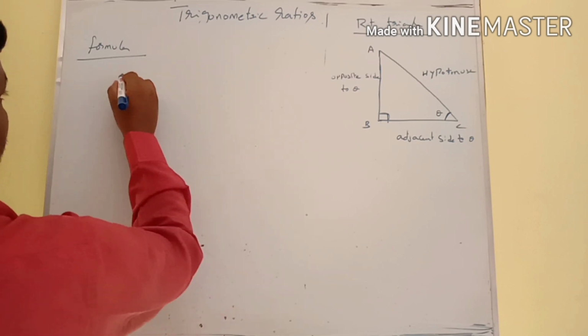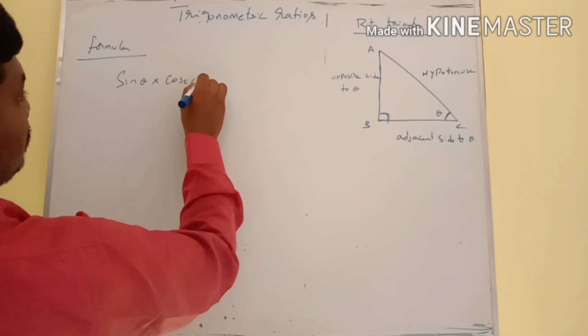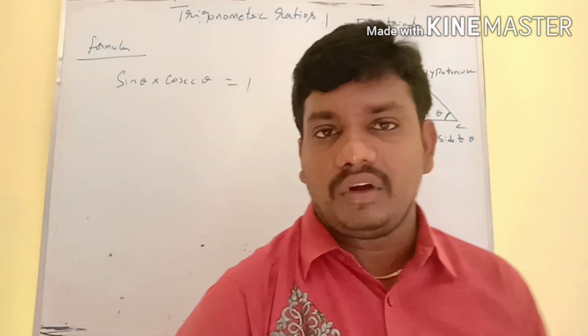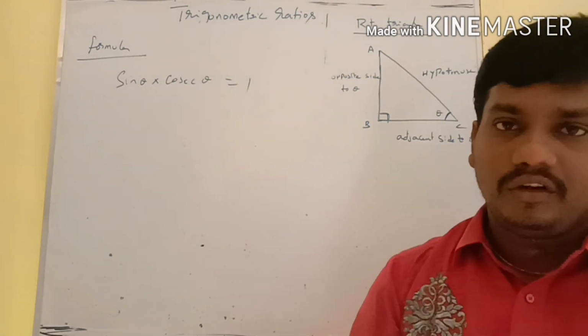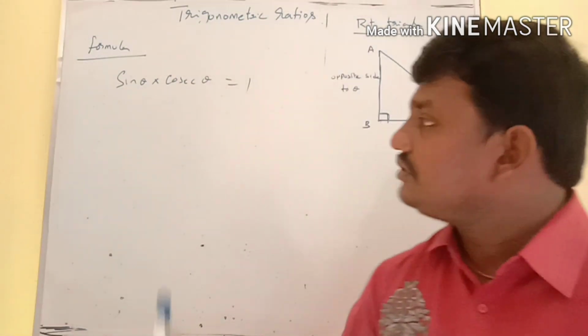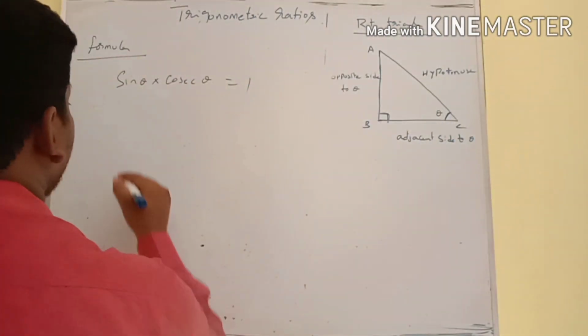We already observed this: sin theta into cosec theta is equal to 1, because both are reciprocals. Whenever two numbers are reciprocals, their product must be 1. That's the reason the product is 1.